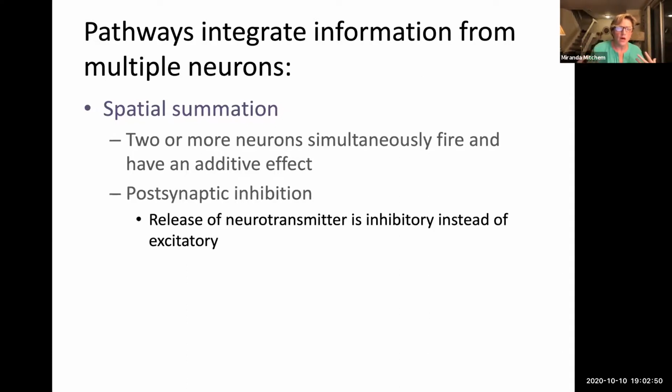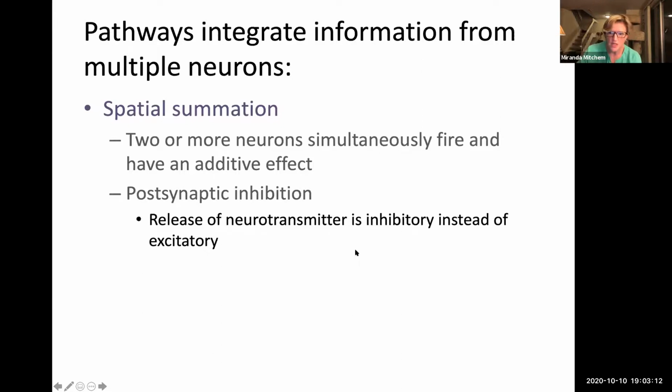I'll show you some examples of it. Spatial summation is like convergence. The more signal that's coming in, the higher the chances that there will be enough stimulus to lead to the response.